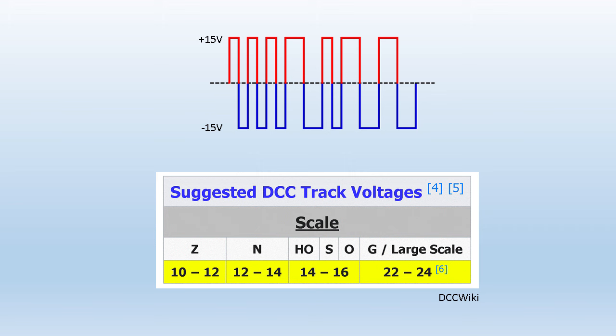As you know, it's bipolar. It'll switch plus and then switch negative constantly. These voltages, as you see, even for small scale, are plus and minus 10 volts as a minimum, up to 24 volts as a maximum, depending on the scale you're working on.